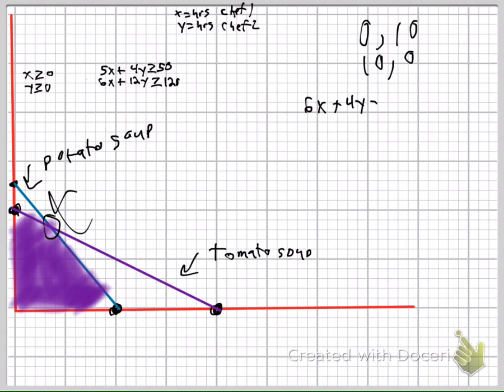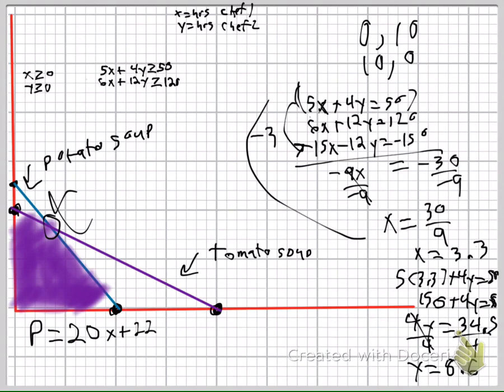And for that, we use a system of equations, and we end up with (3.3, 8.6).